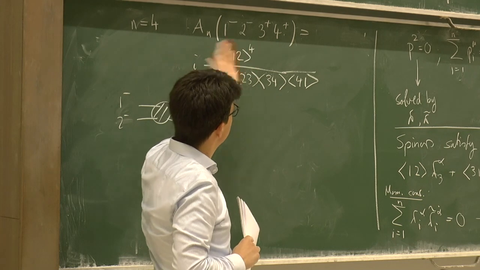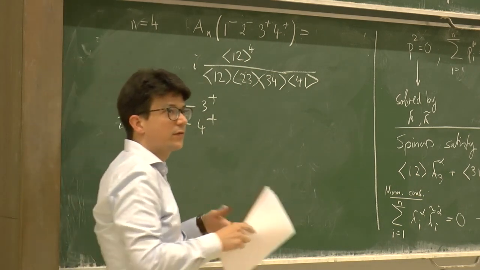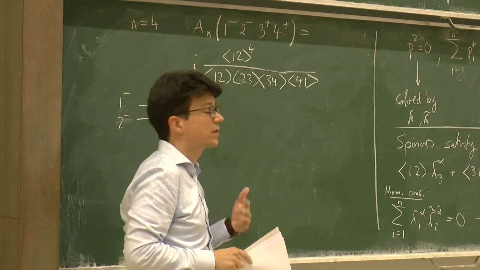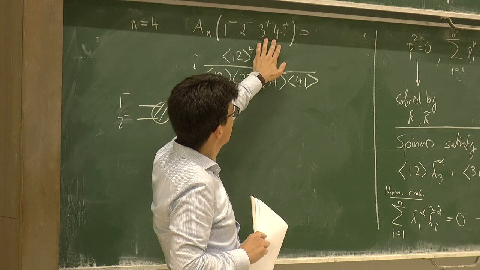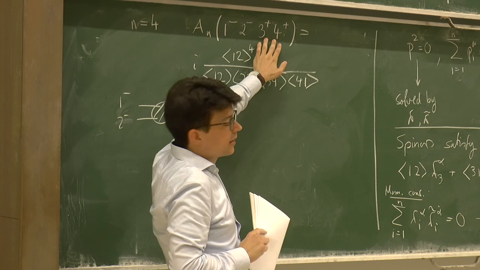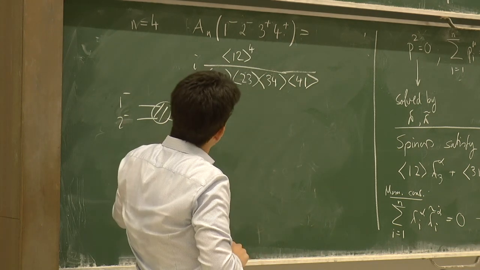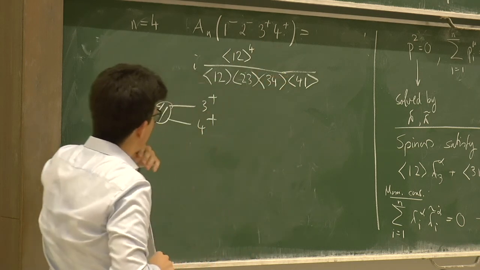But if you think about this amplitude, everything we did was symmetric, and we could imagine using a formalism where everything is based on the plus helicity gluons. So in this sense, there should be some symmetry between interchanging 1, 2 and 3, 4.